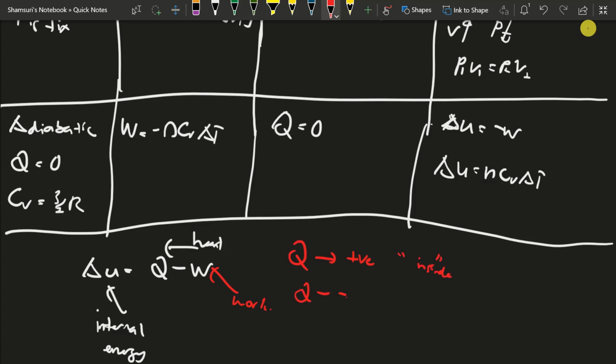If Q is negative, it means they go out from the system. Okay, system.